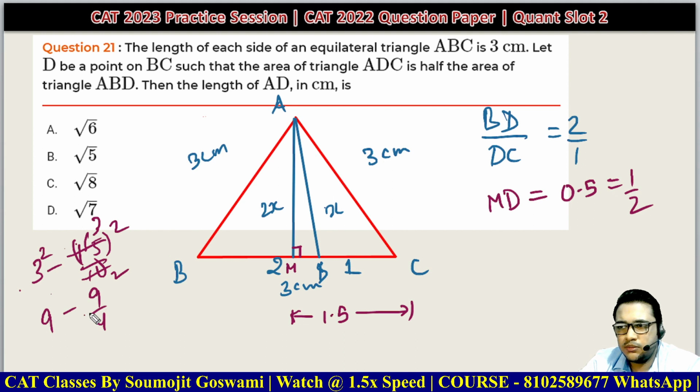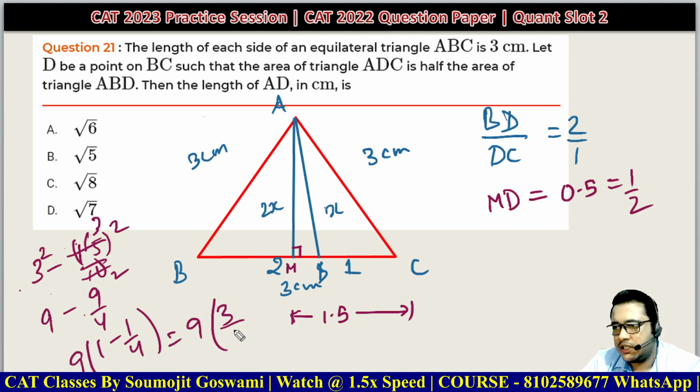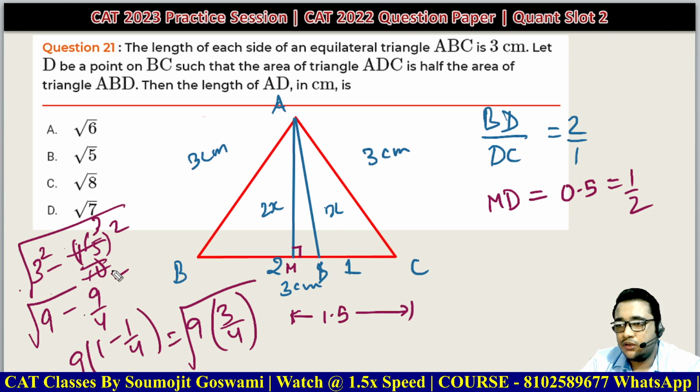If you take 9 common, you'll get 1 minus 1 by 4, or you can write it like 9 into 3 by 4. Now understand that all of this had a root over. Okay, so 9 by 4, we know this is 3 by 2 root over 3.